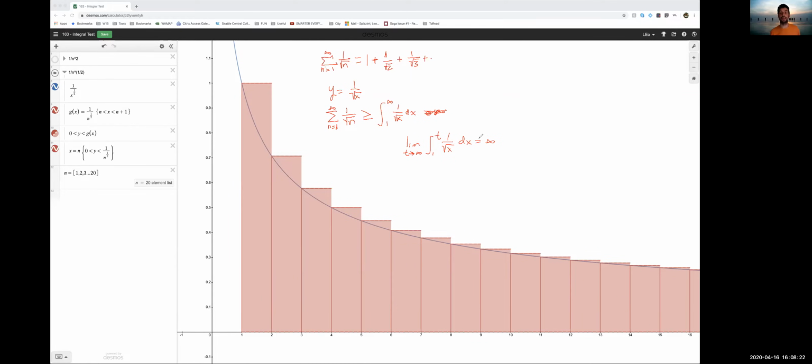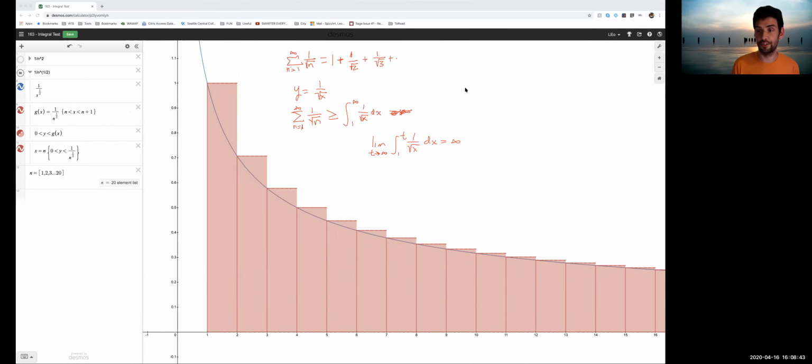Meaning that the area gets larger and larger and larger without bounds, so it never stops, which means these rectangles which are above it must also get larger and larger and larger, and so this series will diverge. And that's the other half of the integral test, right? The idea is we're comparing these series to functions that have the same values again on the integers.